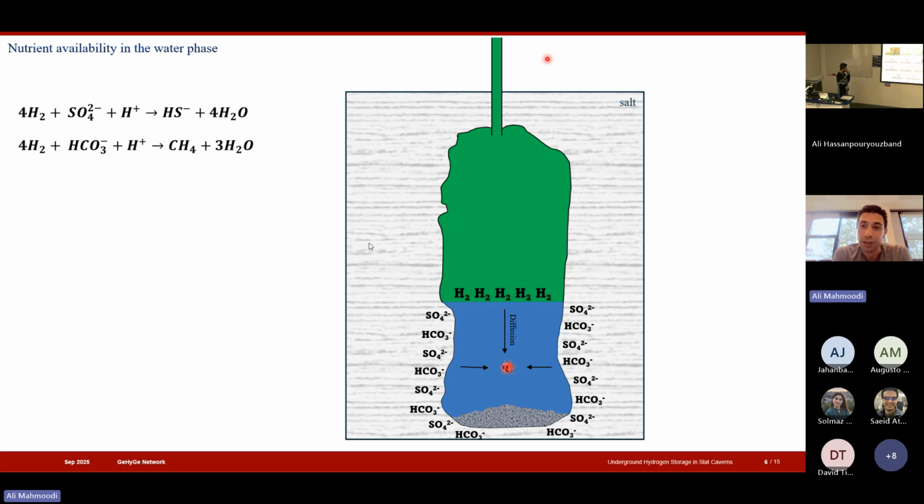Also, I came across some experiments. Somebody mentioned to me that they are using blocks of salt rock that are partially in the water phase and partially out of the water phase, and looking into how microbes behave. Are they growing on the surface of the salt outside the water phase or not?